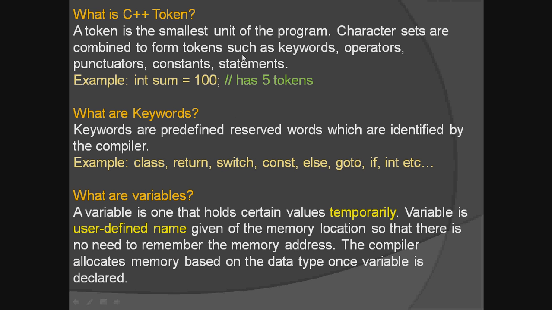So first one is C++ token. A token is the smallest unit of the C++ program. Character sets are combined to form tokens. So using the character sets we can form tokens such as keywords, operators, punctuators, constants, statements as such.